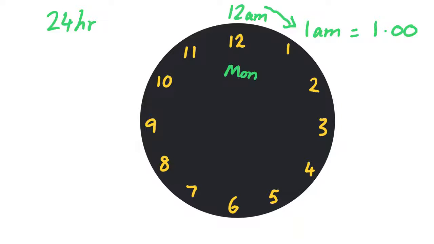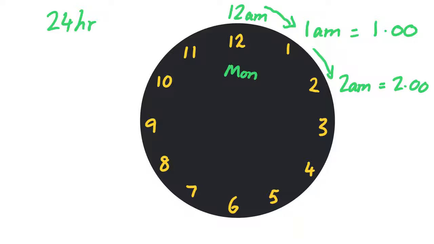And then when we go round to 2, well, that's 2 a.m. Or we could call that 2. 2 hours have passed. So with the 24-hour clock, we're counting how many hours of the day we've had so far.